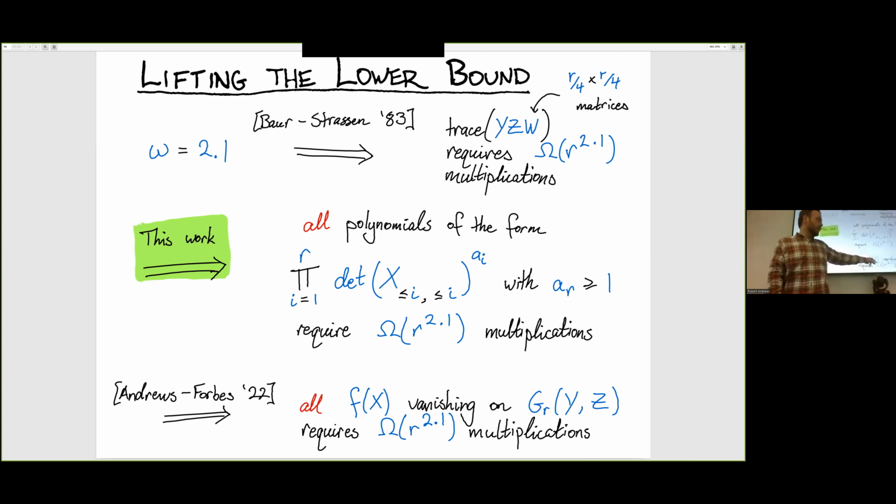So then what you can do is take r to be somewhat less than square root n. And you set r so that whatever size circuit you're testing, you set r just large enough that this lower bound is larger than the size of the circuit you're testing, but not so large that square root n times r is no longer less than n.